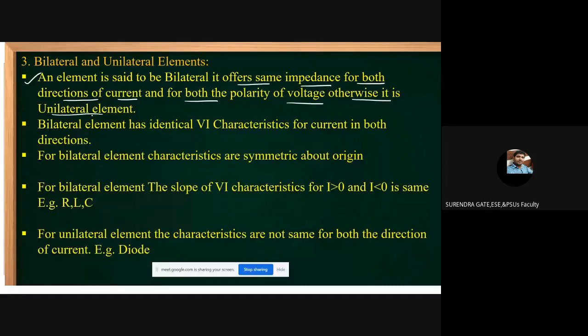Otherwise, it is a unilateral element. If you change the current direction or the voltage polarity and it offers the same impedance in both directions, then it is a bilateral element. Otherwise, it is a unilateral element.